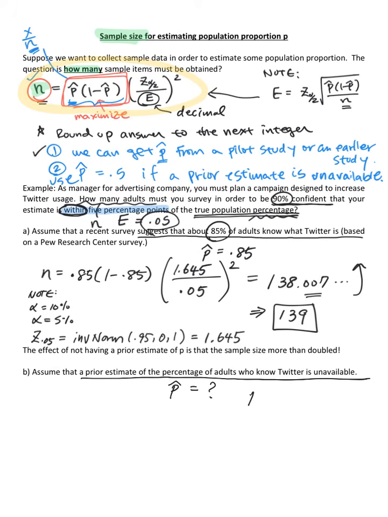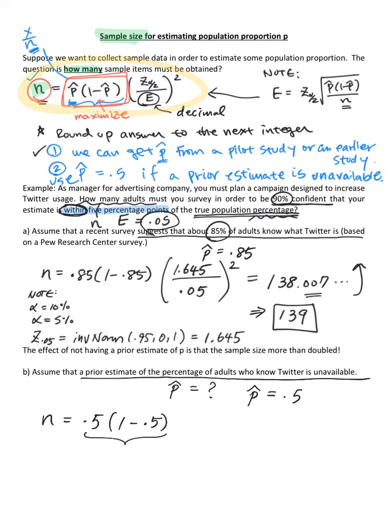So that means to maximize our sample size, we're going to be using p hat equals 0.5. We're still using the same formula, but now we're substituting 0.5 for p hat. So 0.5 times 1 minus 0.5.